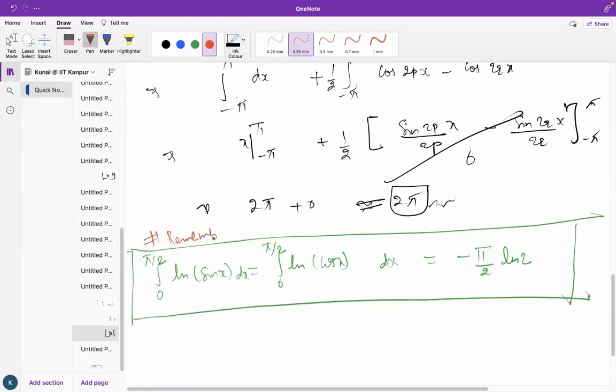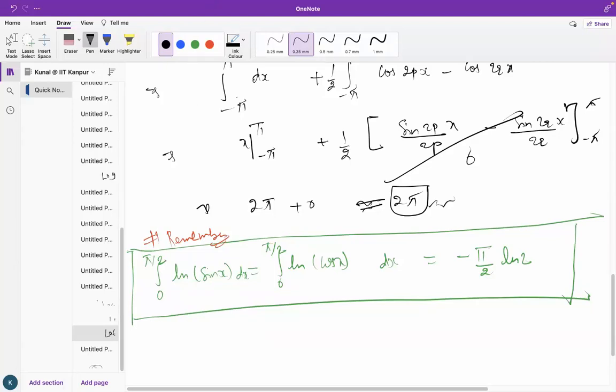Okay. And I will show you a proof also, but at least you have to understand what I'm trying to say. When we integrate from 0 to pi by 2, and our given integrand is ln of sin x or ln of cos x, the value of both integrals is the same, and it is equal to minus pi by 2 of ln 2.